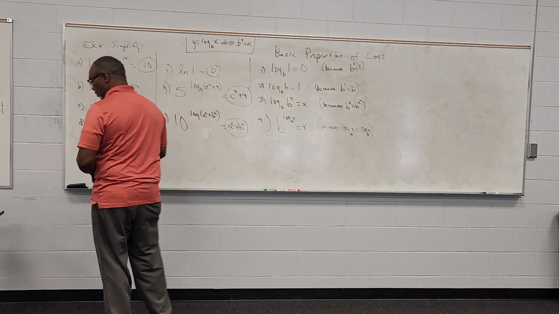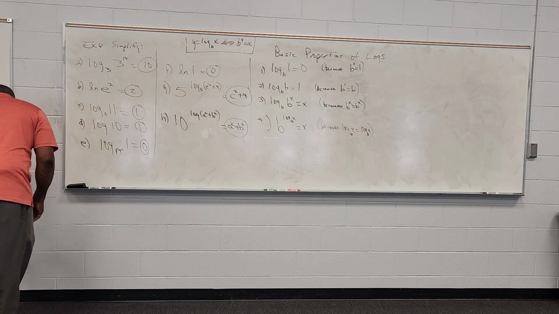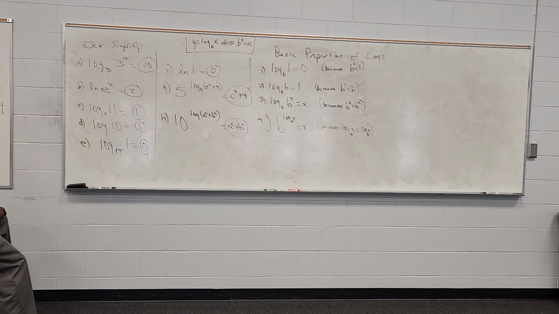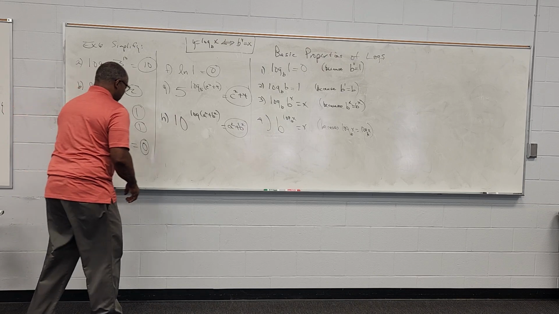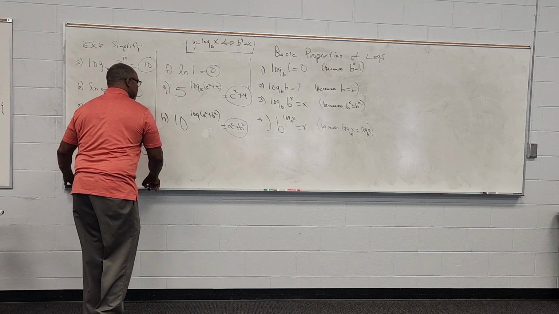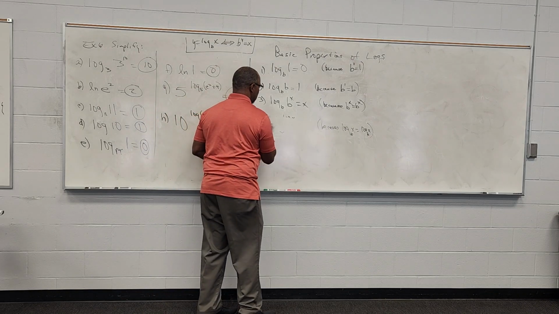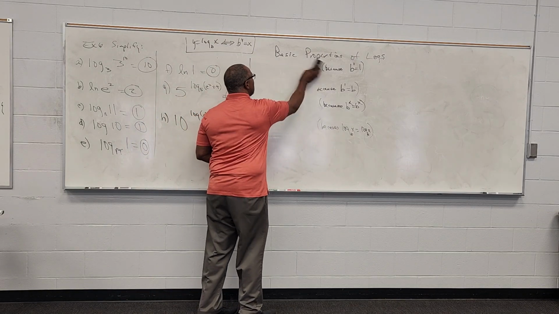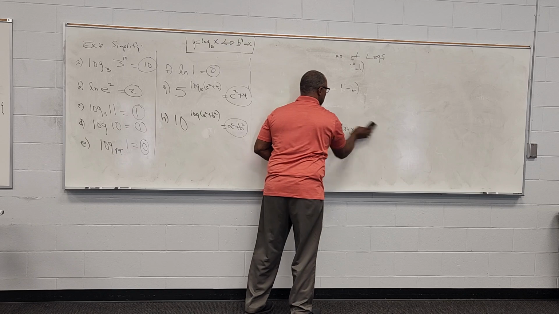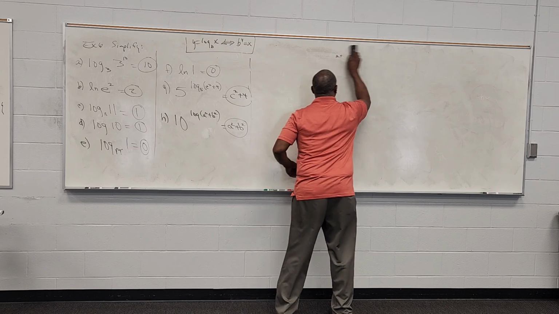So that's how we're going to use those properties. Nothing hard about that. You just got to know those properties, learn them, or have them close on a sheet so that you'll be able to use them.